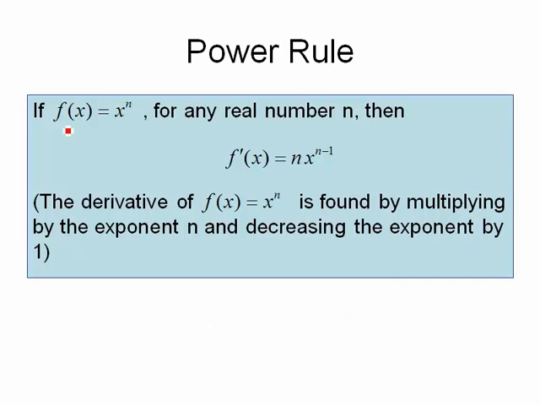If f of x is equal to x to the n for any real number n, then the derivative has this pattern, and the derivative is n x to the n minus 1. Notice we've taken 1 away from the power, and the power that appeared in the original function becomes the coefficient in front in the derivative. The derivative of f of x equals x to the n is found by multiplying by the exponent n, and decreasing the exponent by 1.